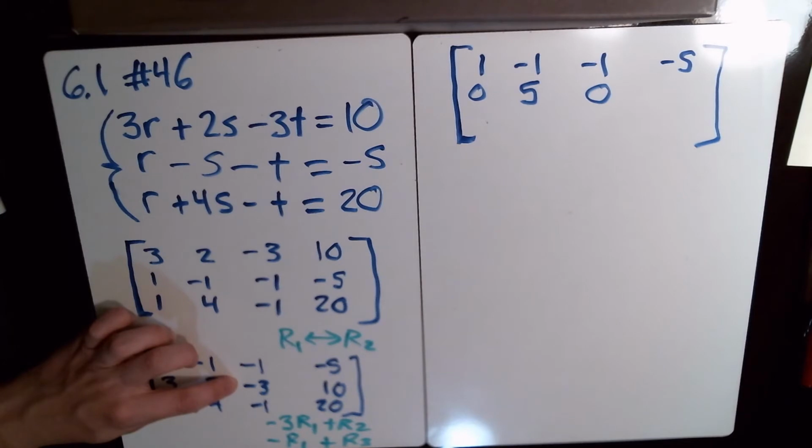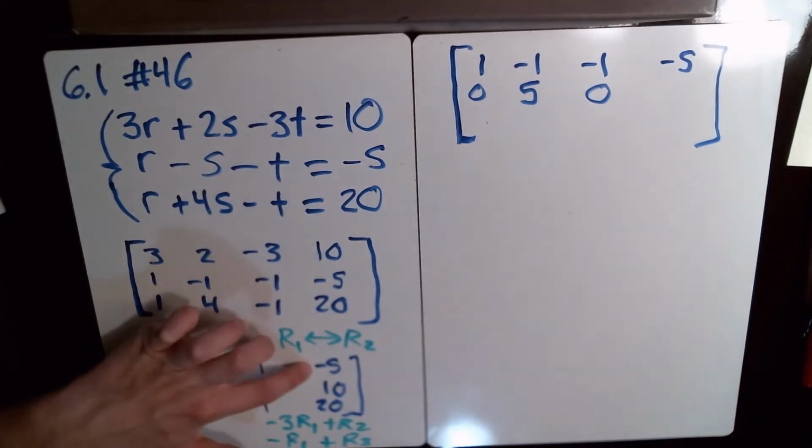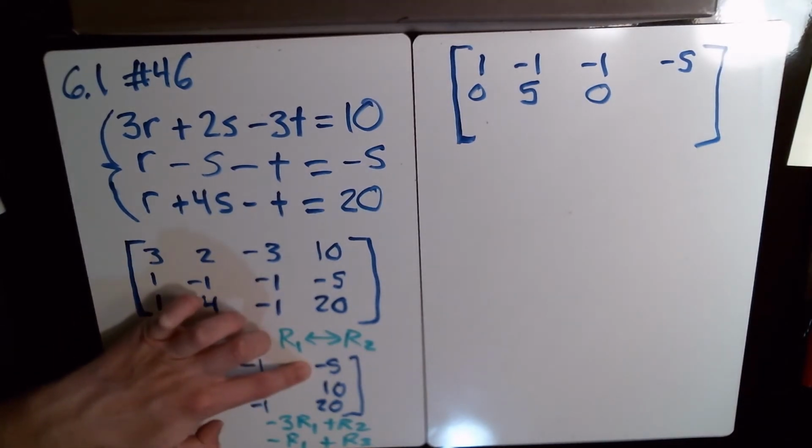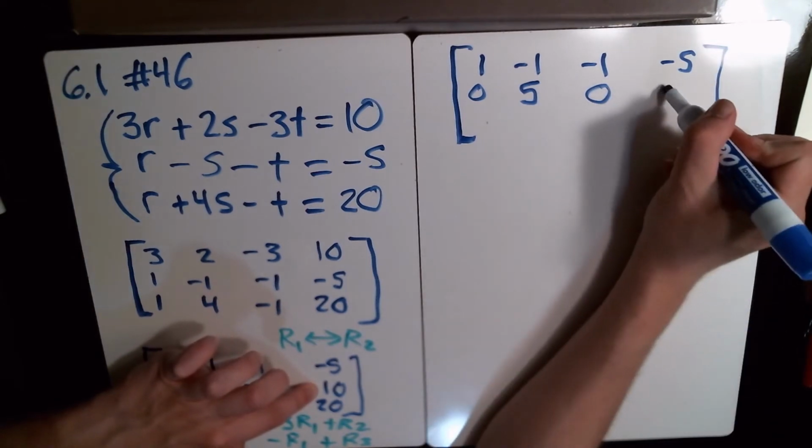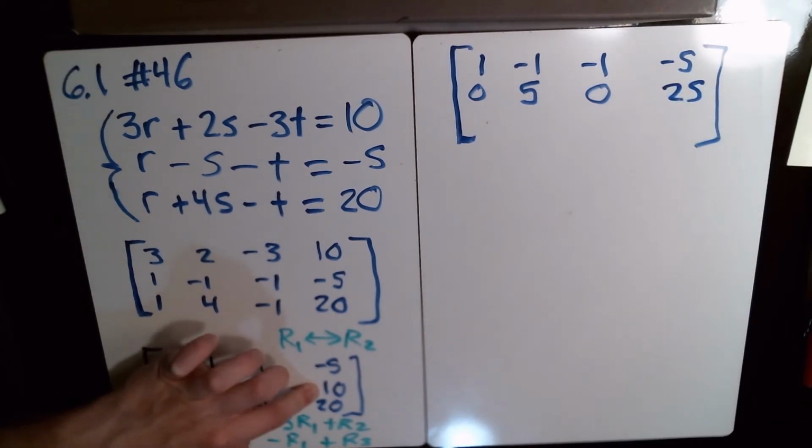And then -3 times -5 is +15. Plus 10 is 25.